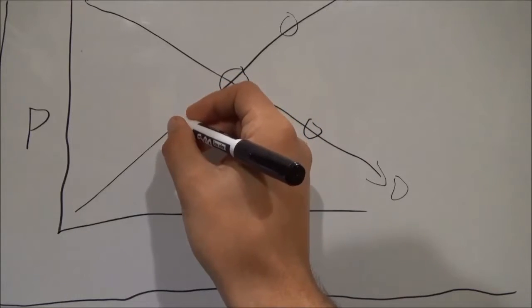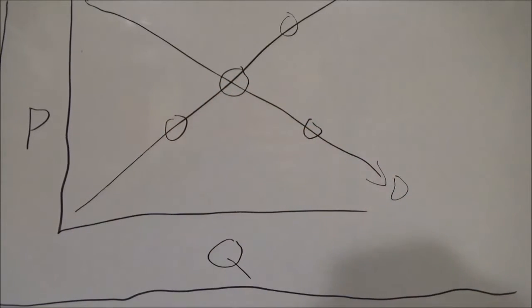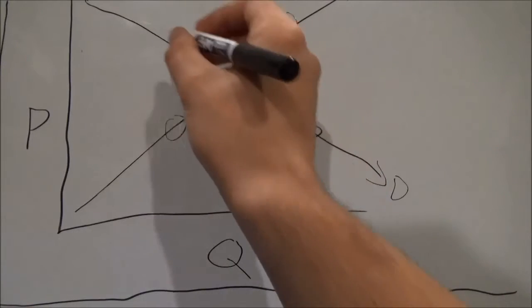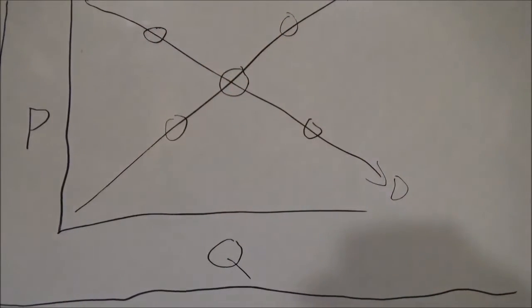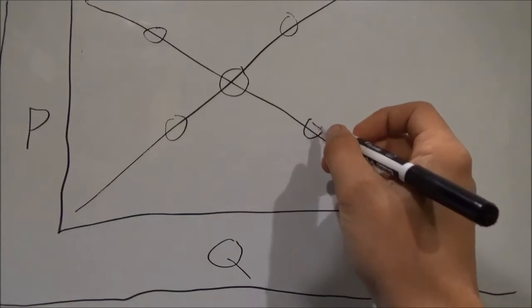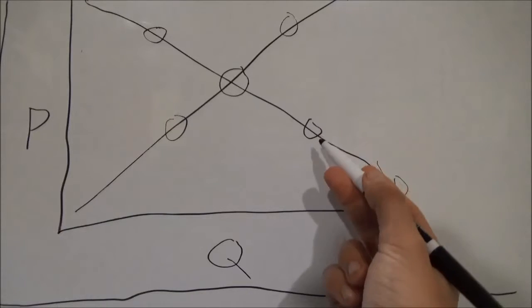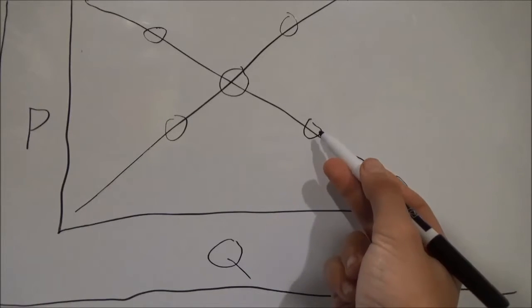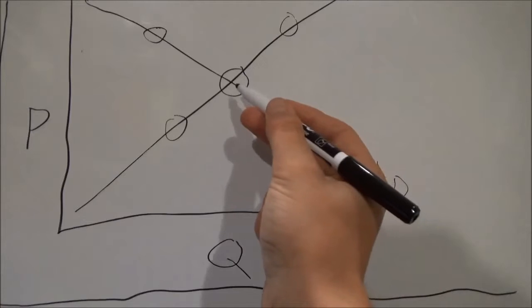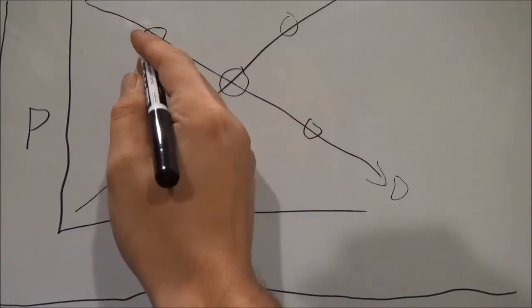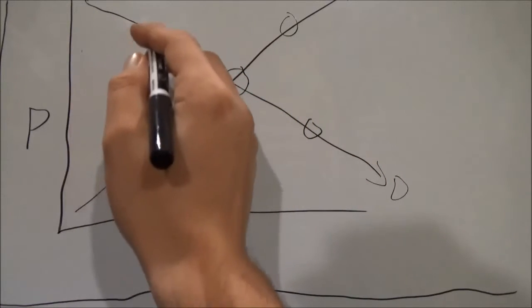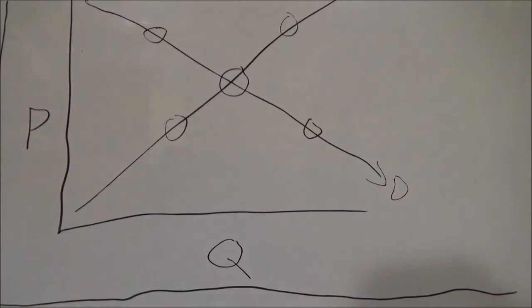Here we have the supply is less than the demand, and here the demand is, oh, did I say no? This here is actually the demand being higher than the supply, and this here is the demand being lower than the supply.